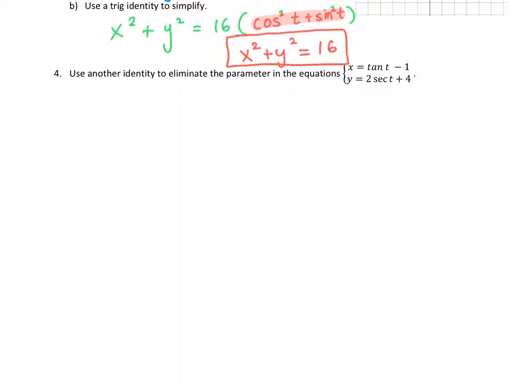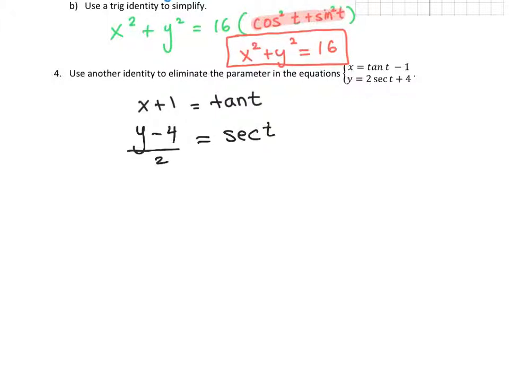Okay, the first thing I need to do is isolate the trig, because I don't want to square tangent t minus 1. I don't want to do that. So let's move the negative 1 over. That's going to give me x plus 1 equals tangent t, and y minus 4 over 2 equals secant t.